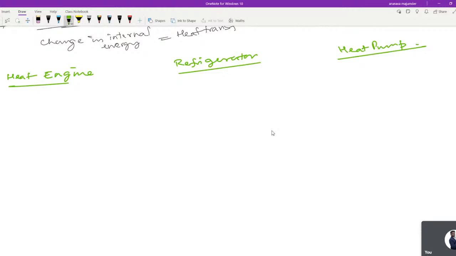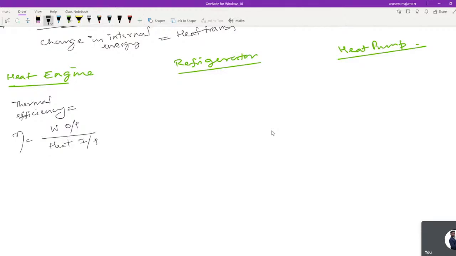So obviously, in a heat engine, they will ask thermal efficiency. It is possible to ask a question on thermal efficiency. This is common for any efficiency. What is that? Net work output to the heat input. So work output to the heat input, right?